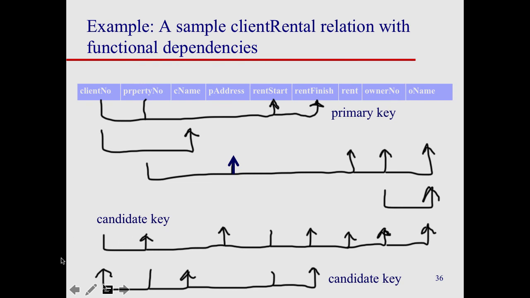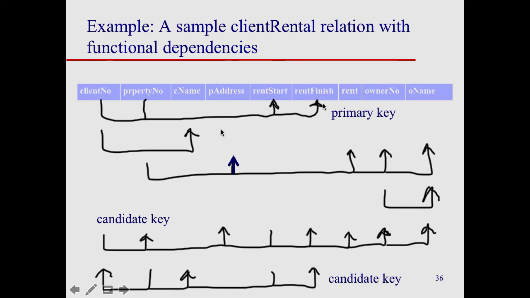I could have chosen either of these other two candidate keys to be the primary key. Had I done that, let's say I chose client number and rent start to be the primary key, then this relation would immediately be in second normal form.